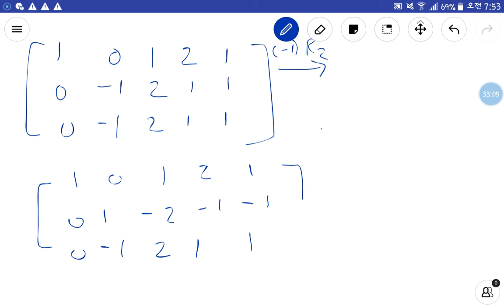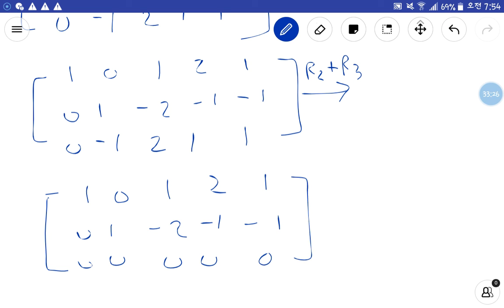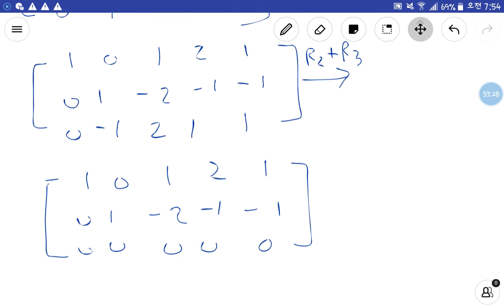So I try to cancel out my negative 1, so I'm going to add the second row to the third row. What's going to happen? They're all exactly 0. So 1, 0, 1, 2, 1, 0, 1, negative 2, negative 1, negative 1, and 0, 0, 0, 0, 0. Okay, I'm done. That is my reduced row echelon form.